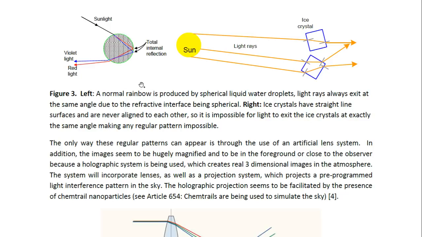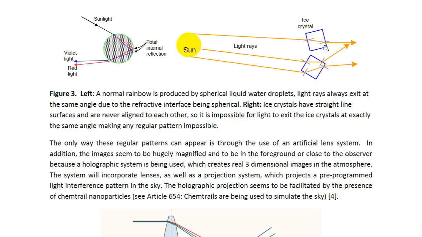And here I illustrate how real rainbows are created in the sky. It's through refraction, which occurs due to spherical liquid water droplets being in the atmosphere. And the water droplets, because they are spherical, the refracting surfaces are always spherical. So the angle at which light exits each droplet is always the same.